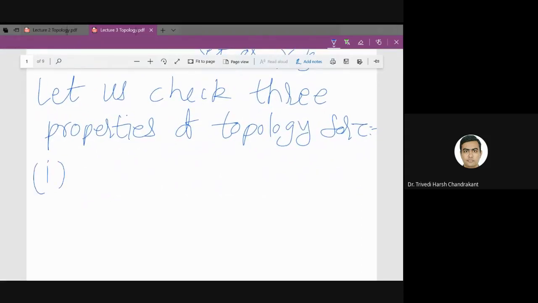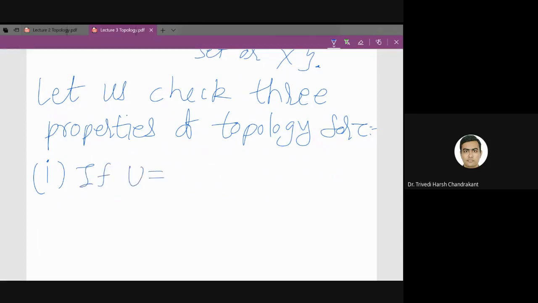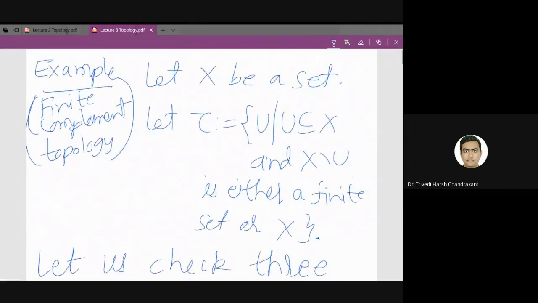First property we have to check is that phi and x are elements of tau. So for that, let us start with the phi set. If I take u equal to phi, then clearly phi is a subset of x, and the second property we have to check is that x minus u is either finite or whole x.